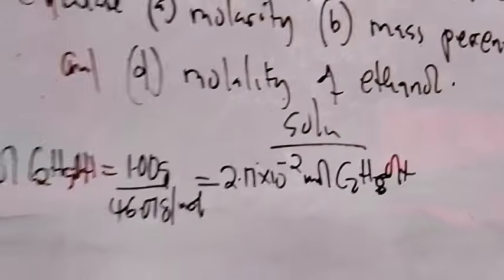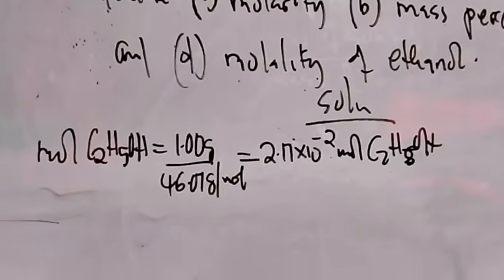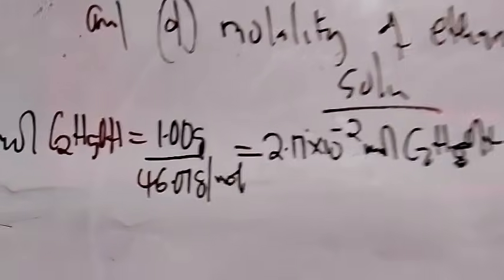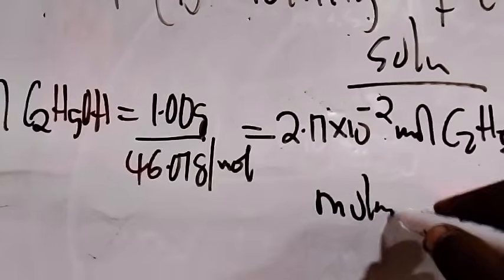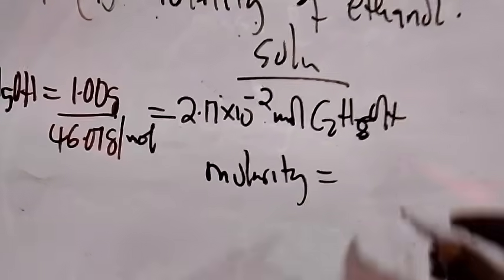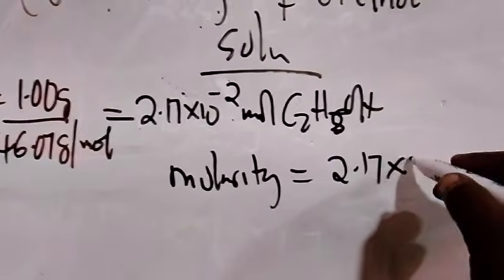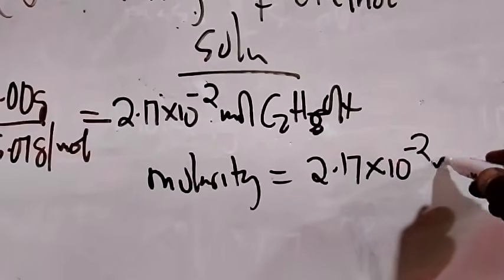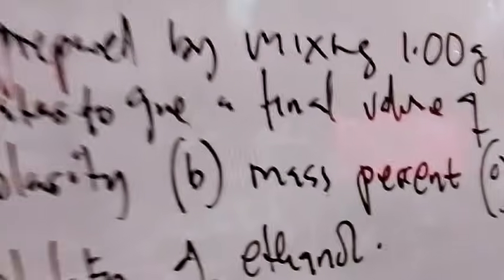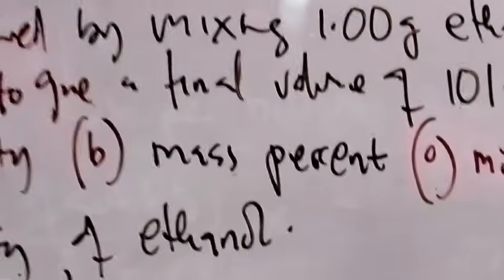Okay, so these are the moles of ethanol. Now the molarity of ethanol is equal to moles of ethanol, 2.17 times 10 to the power negative 2 moles, over the volume of the solution, which is 101.